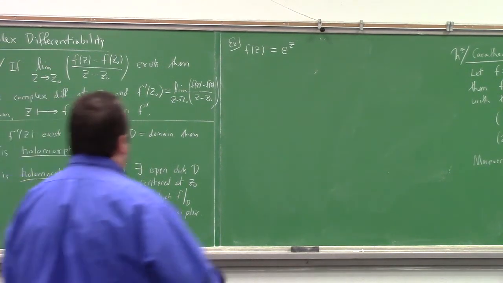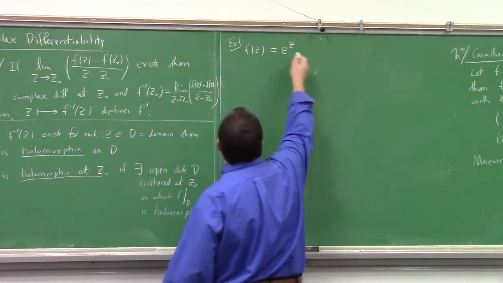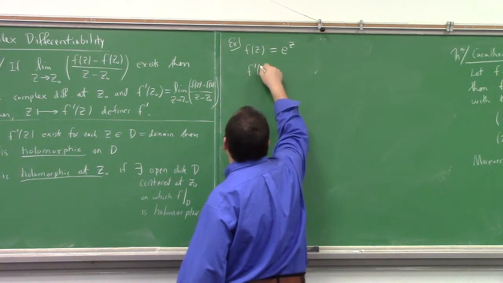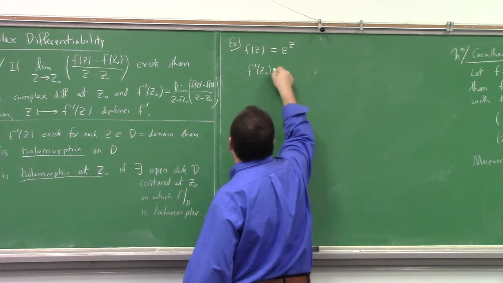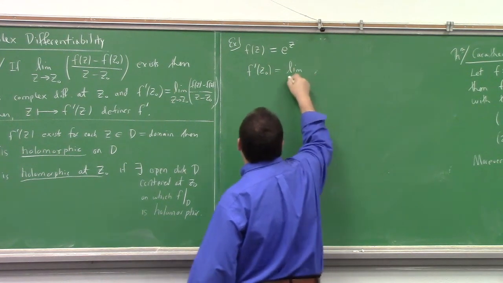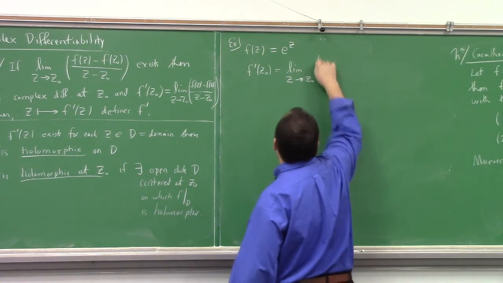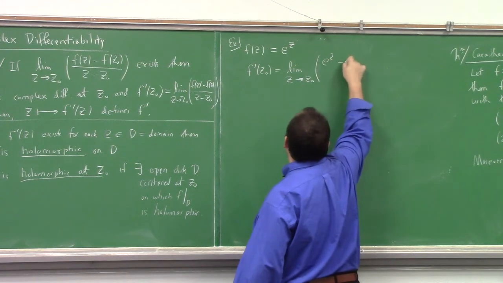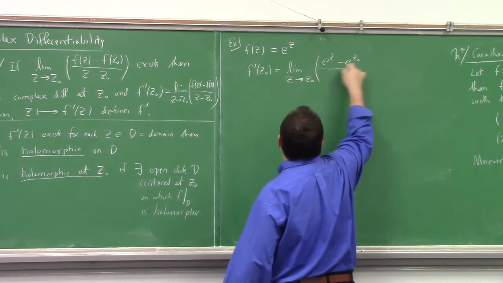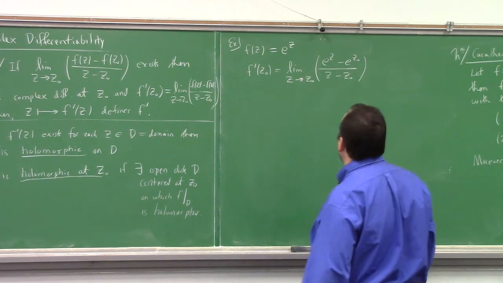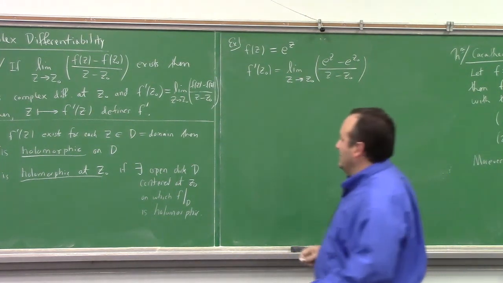But how about this one? If you want to calculate, for example, f prime of z naught, what would it be? The limit as z goes to z naught of e to the z minus e to the z naught over z minus z naught, yeah? Or make it simpler.